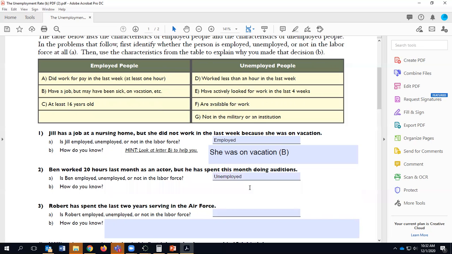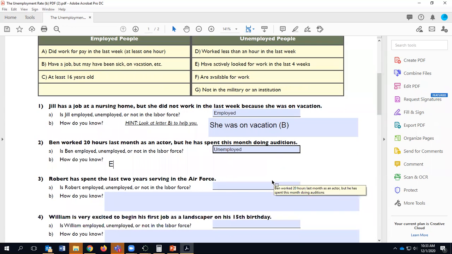Which letter? 4 weeks is a month. So is it D, E, F, or G? It's E, right? Because he's actively looked for work in the last 4 weeks. It says he spent this month doing auditions. So he actively looked for work.